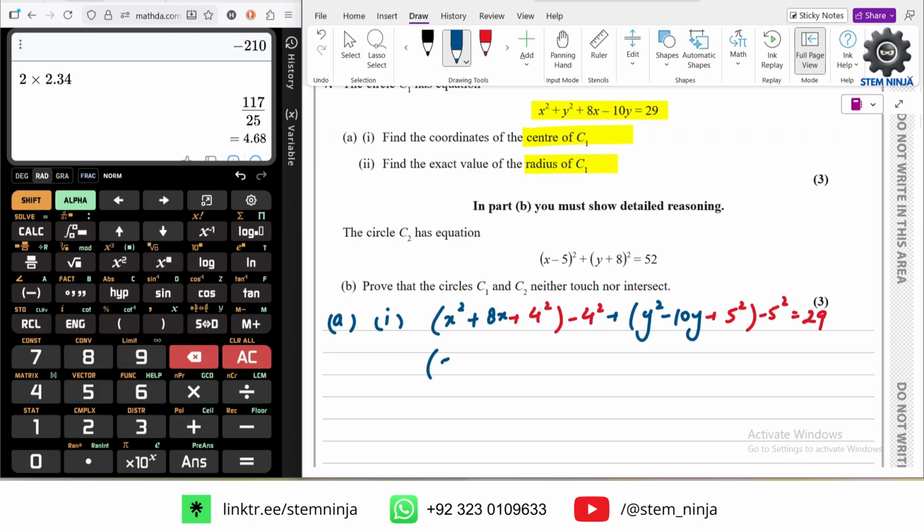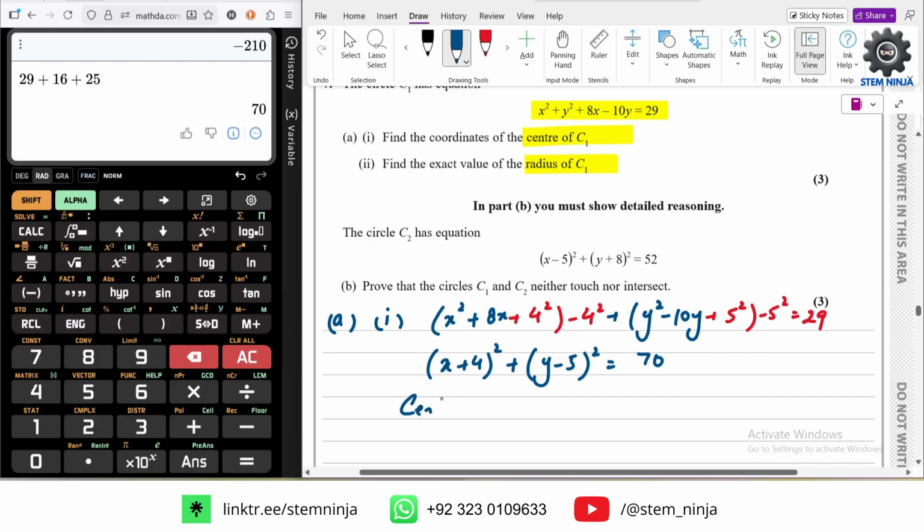So this one would become x plus 4 whole squared plus y minus 5 whole squared equals 29 plus 16 plus 25, which is 70.